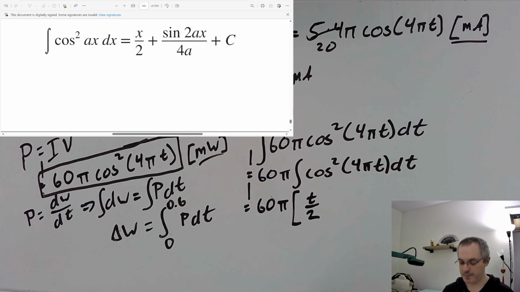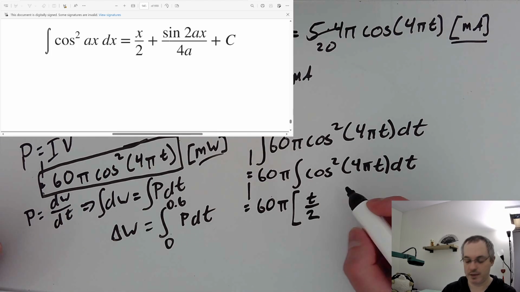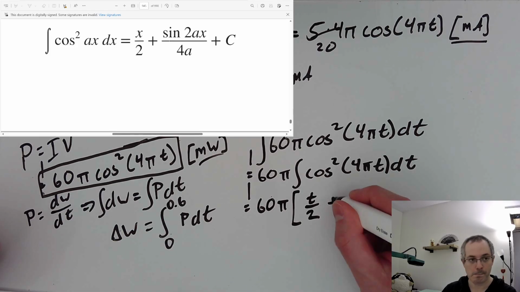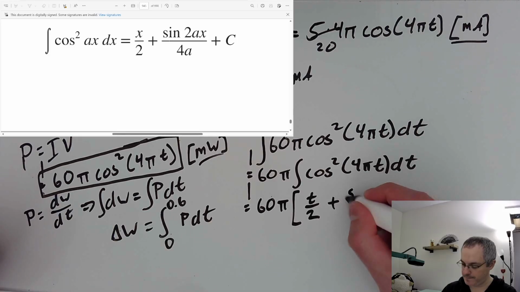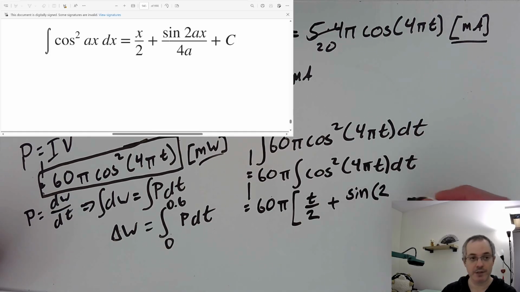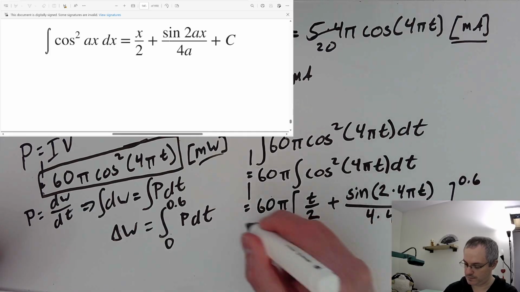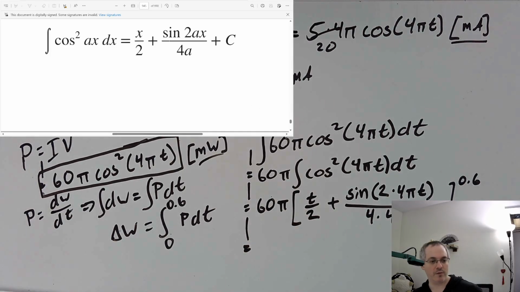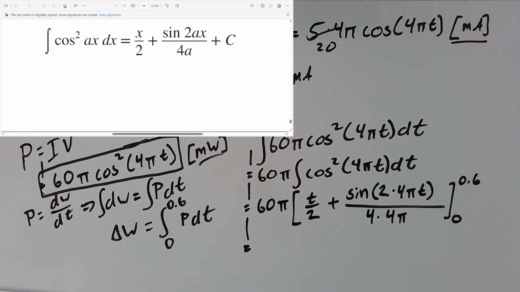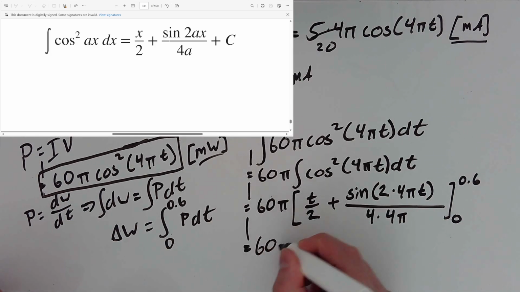So t by 2, and then plus sine of 2 times a. Our a is 4 pi. And t divided by 4 times 4 pi. And this is going to get evaluated from 0 to 0.6. There we go. So 60 pi.